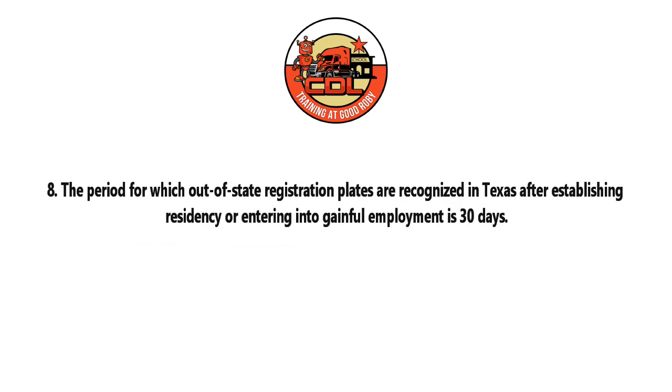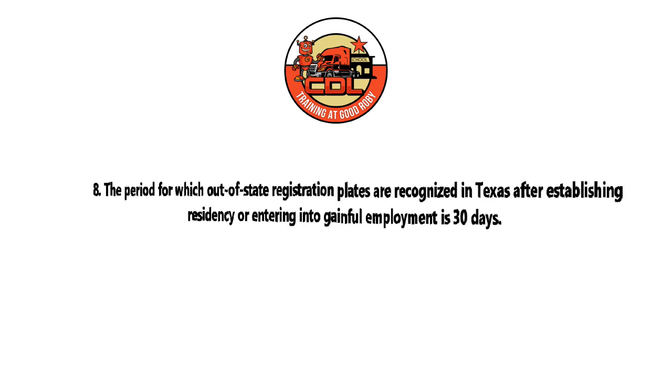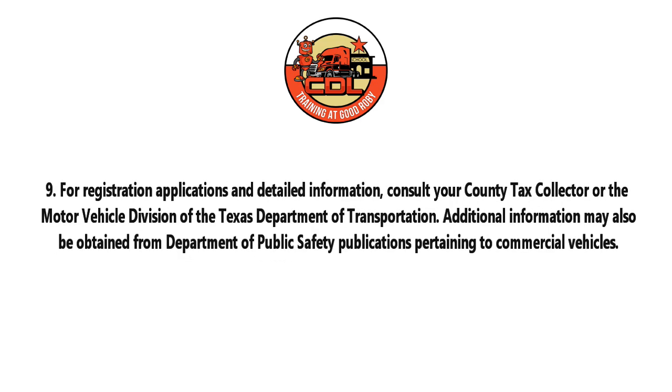The period for which out-of-state registration plates are recognized in Texas after establishing residency or entering into gainful employment is 30 days. 9. For registration applications and detailed information, consult your county tax collector or the Motor Vehicle Division of the Texas Department of Transportation. Additional information may also be obtained from Department of Public Safety publications pertaining to commercial vehicles.